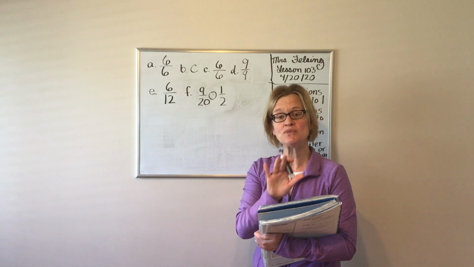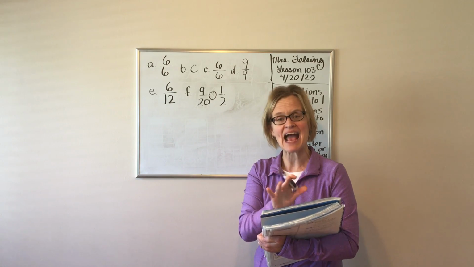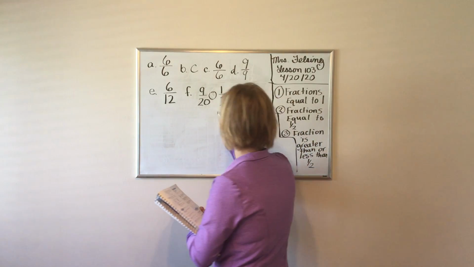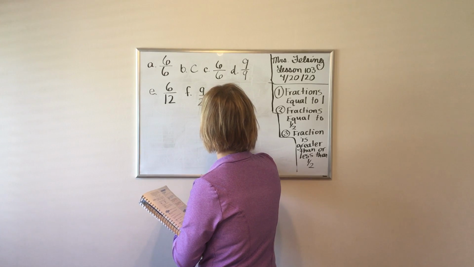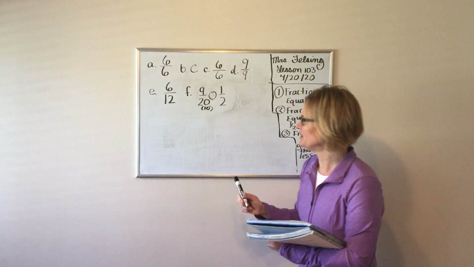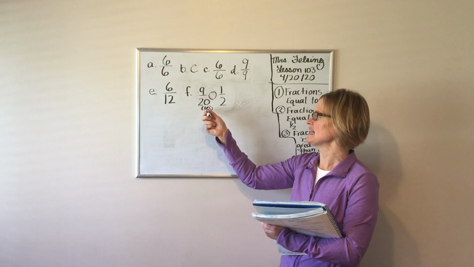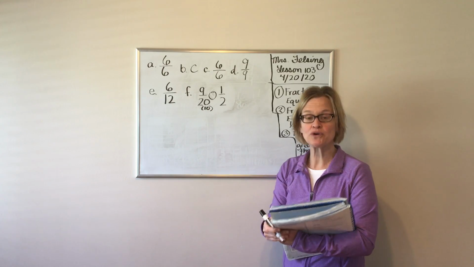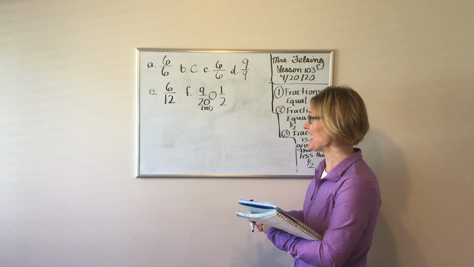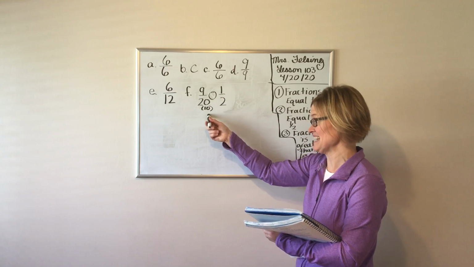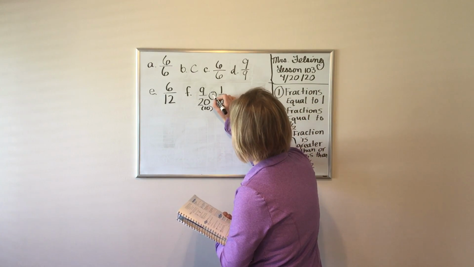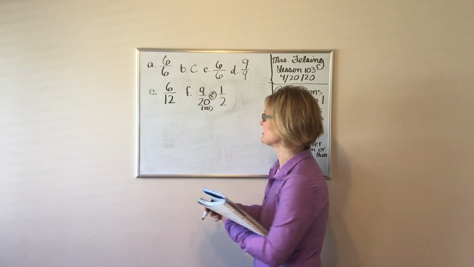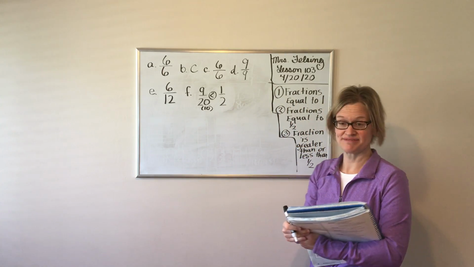Our first thing that we need to do is decide what is half of the denominator. Half of the denominator is 10. So then we look over here. Is 9 less than 10 or greater than 10? And 9 is less than 10. So that would mean 9/20 is less than 1/2.